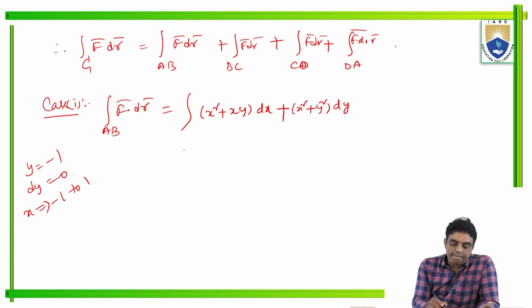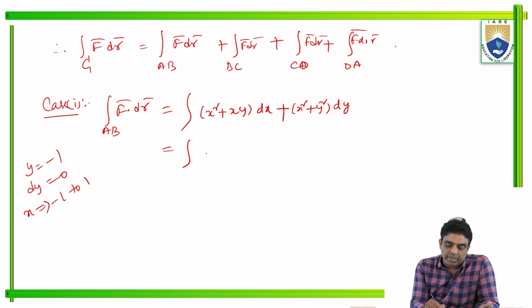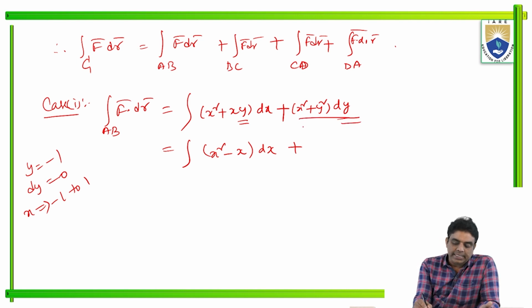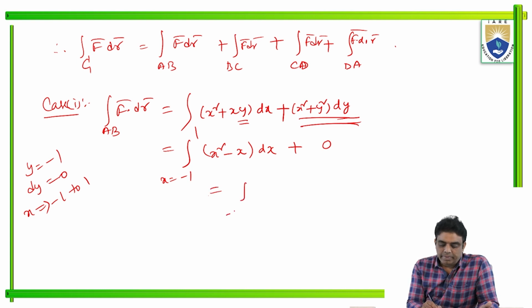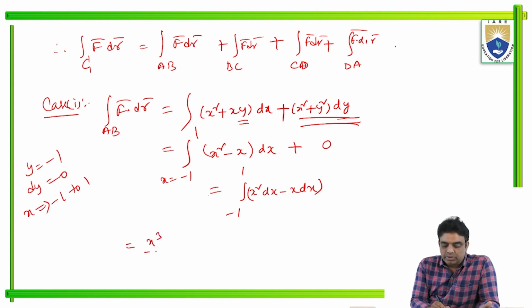Here I am putting y as minus 1. So it becomes (x square minus x) dx, plus dy is 0, which means the entire second term is 0. The limits are x varies from minus 1 to plus 1. That is the integral from minus 1 to 1 of x square dx minus x dx. So what is the value? The integral of x square dx is x cube by 3, minus the integral of x, which is x square by 2.